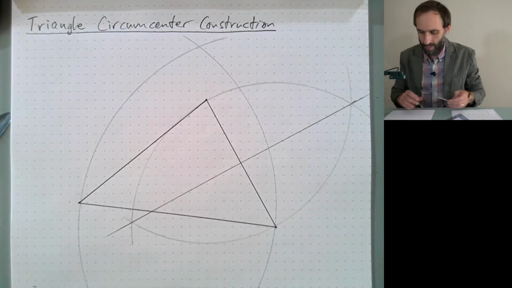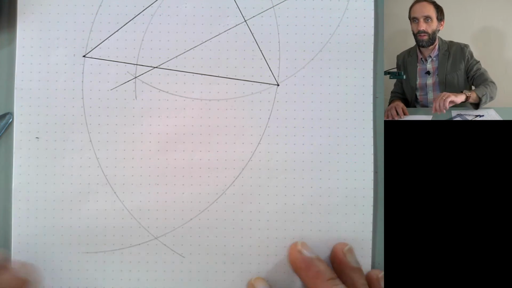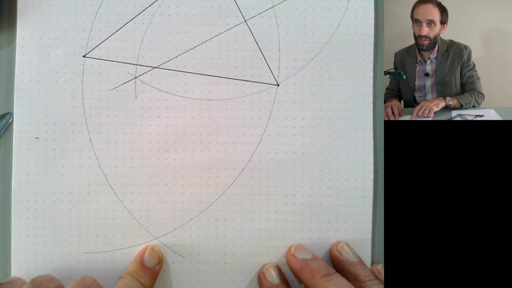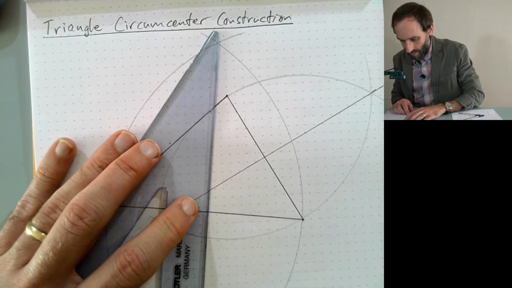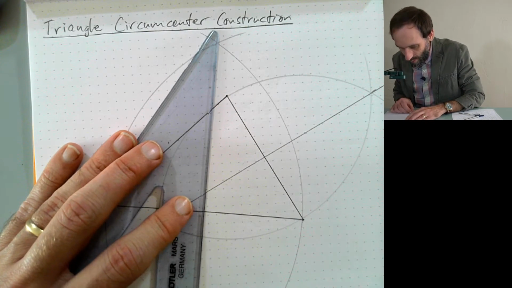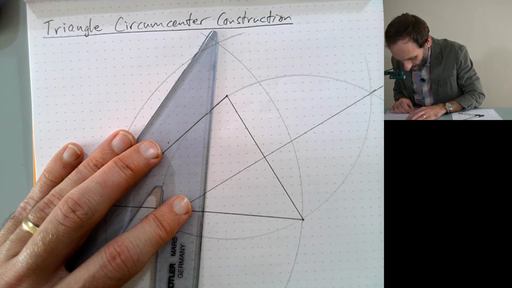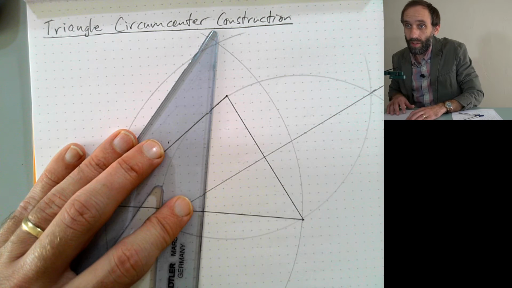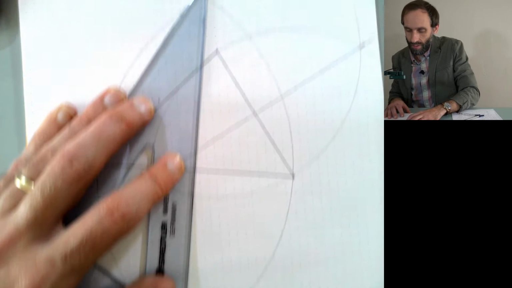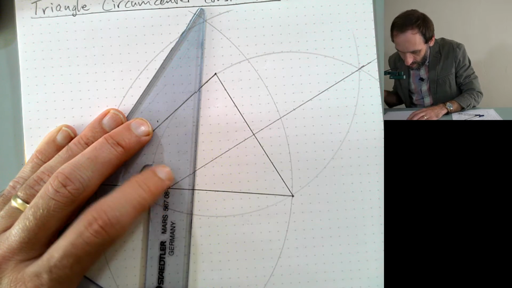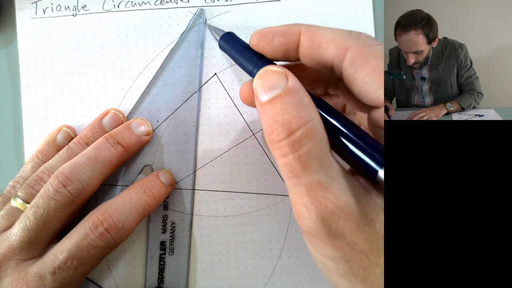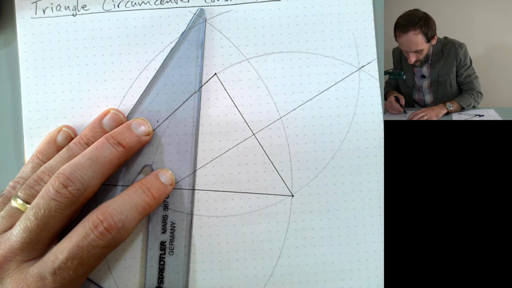And looks like this one's a bit too big to fit on the screen here, but you can see that there's an intersection point down here and another one up here. In fact, my straight edge is barely long enough to connect them. So I'll line up my straight edge to be on those two intersection points. And once I have it lined up, I'll go ahead and draw in this perpendicular bisector.